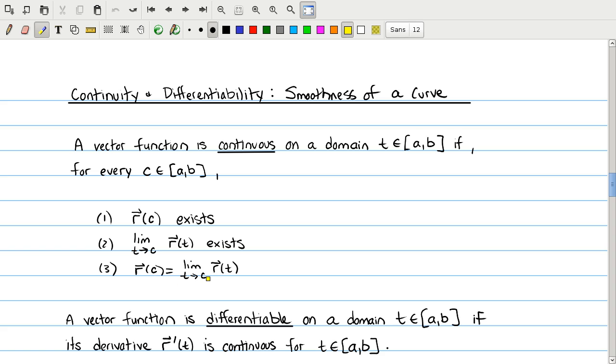value equals the limit. So for instance, let's see, I've been having trouble with my pen here. But for instance, if we have, say, a function that moves along and then it's broken and it goes somewhere else like this, that would be a discontinuous function.